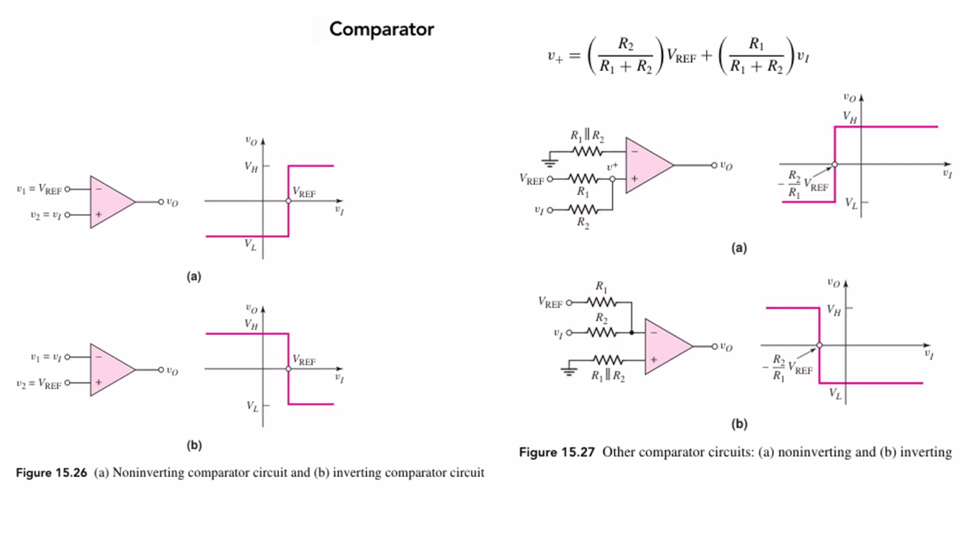So here the comparator circuit is there. In the IC741 itself, there are two terminals, 2 and 3, the inverting and non-inverting terminals. If we use the V reference at the inverting terminal, then the output voltage will always depend on the V reference.